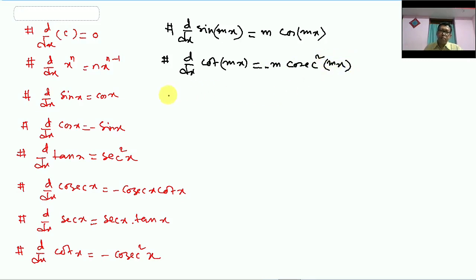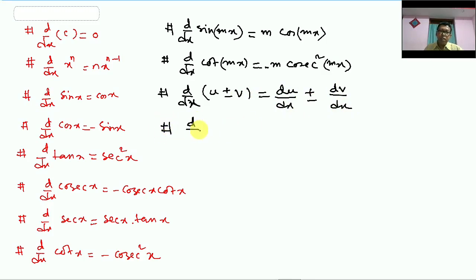Next, suppose u and v are two functions of x. Then d/dx of u plus or minus v is equal to du/dx plus or minus dv/dx. Write all of this in serial way.